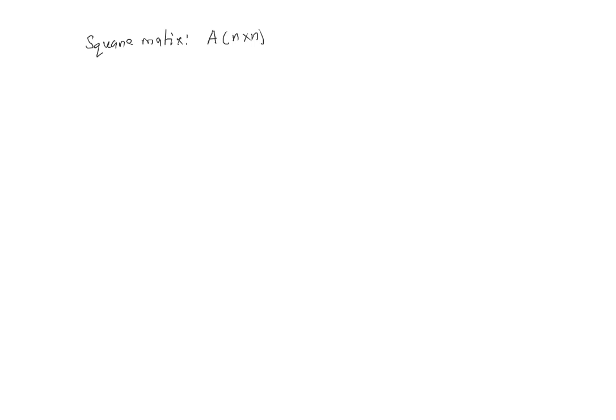So in theory, you could have a 1 by 1 matrix. That's a square matrix. You could have 2 by 2, 3 by 3, 4 by 4 square matrices, and in general, n by n square matrices. A square matrix is a matrix that has the same number of rows as the number of columns.